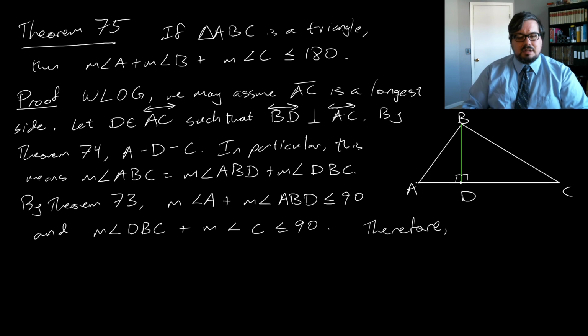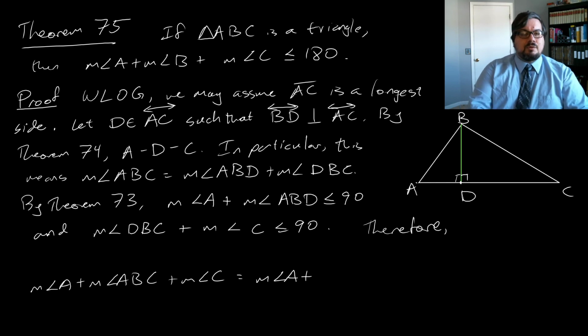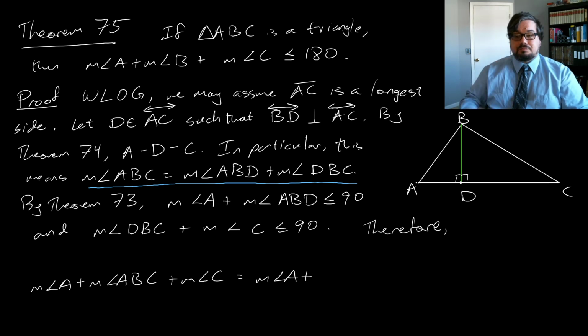Therefore, if we want the measure of angle A plus the measure of angle ABC plus the measure of angle C, which is what we're talking about in the statement of the problem, this is equal to the measure of angle A plus, now, as we said before, since D is in the interior of the segment AC, the measure of angle ABC is equal to the measure of angle ABD plus the measure of angle DBC.